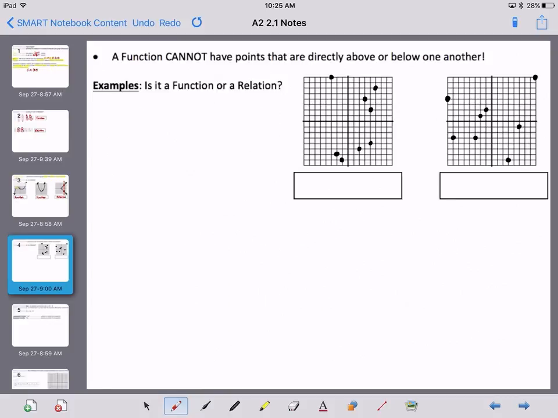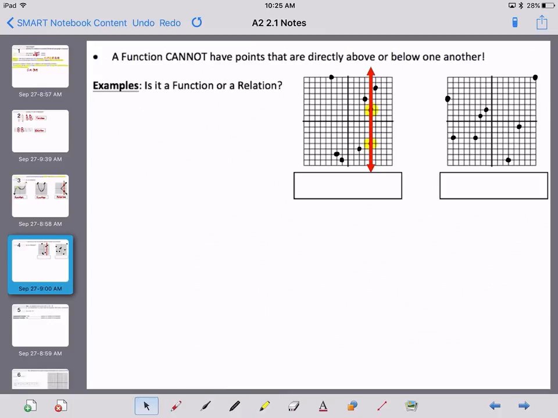So let's try that again here. Let's get another vertical line. We're going to see if these sets of ordered pairs create a function or a relation. So if we pass this vertical line along in our first graph, that only hits once there, once there, once there, once there, once there, and when we get here to an x value of 4, notice I have this and this.